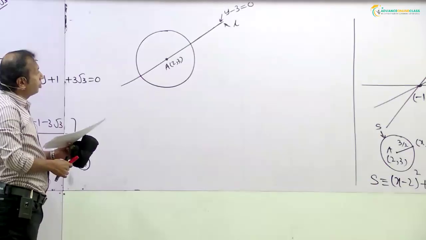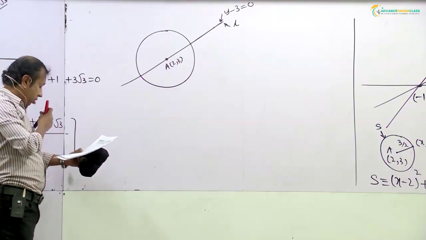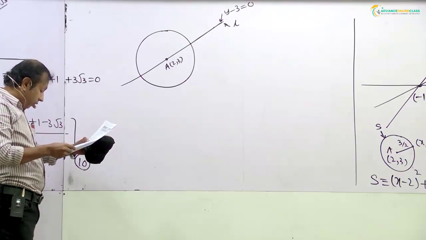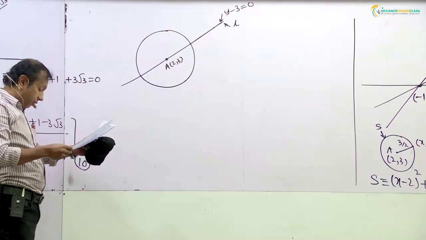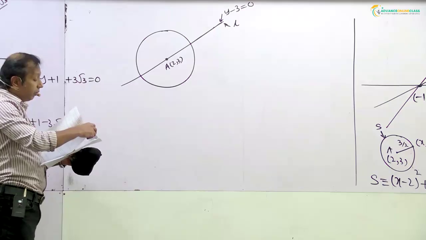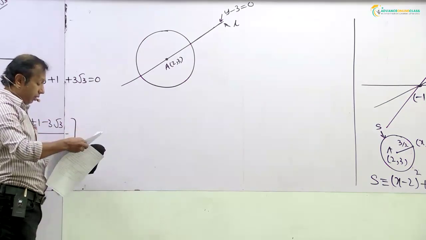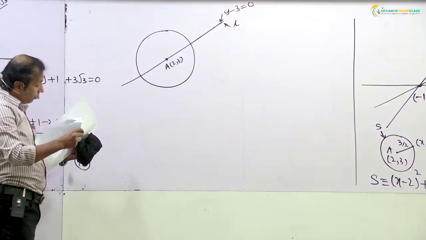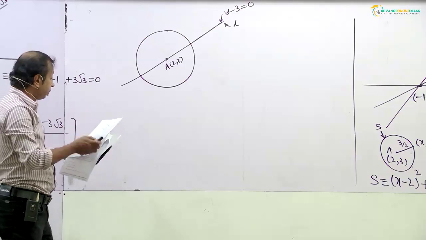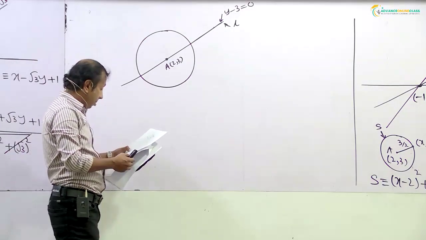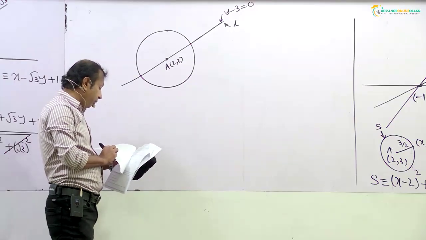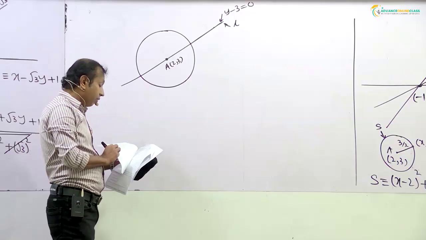Given this way, from a point P on the line L equals 0, two tangents are drawn to S so that they are perpendicular to each other. So that there are two such points P, and in each case find the coordinates.